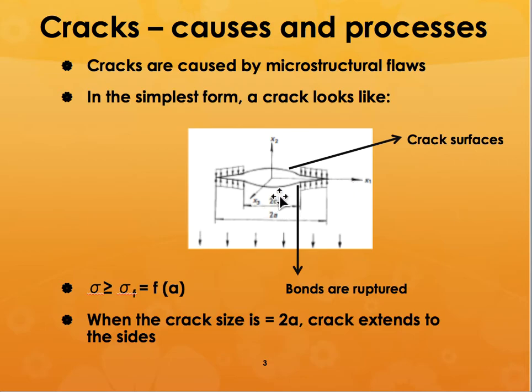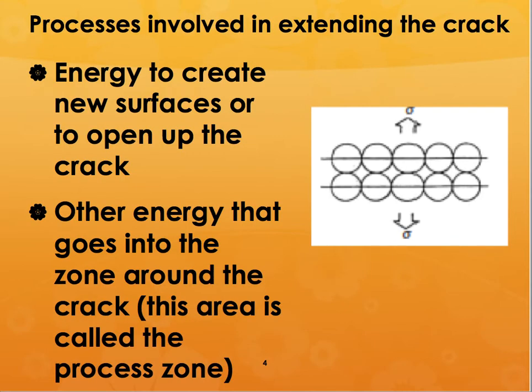When it is being pulled, the bonds are ruptured and the crack size is beyond a certain size, the crack extends to the sides and it makes the material fail. So you need energy to create new surfaces or to open up the crack itself. And there is also other energy that goes into a zone around the crack, and that zone is called the process zone. The size of that zone will depend upon the type of material you have.